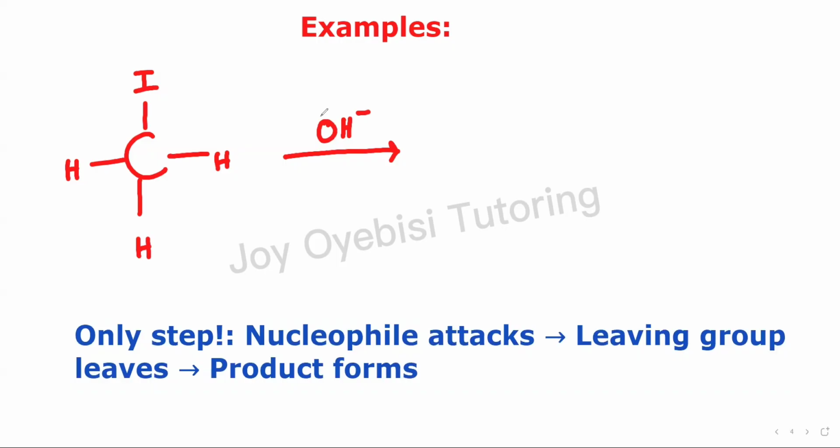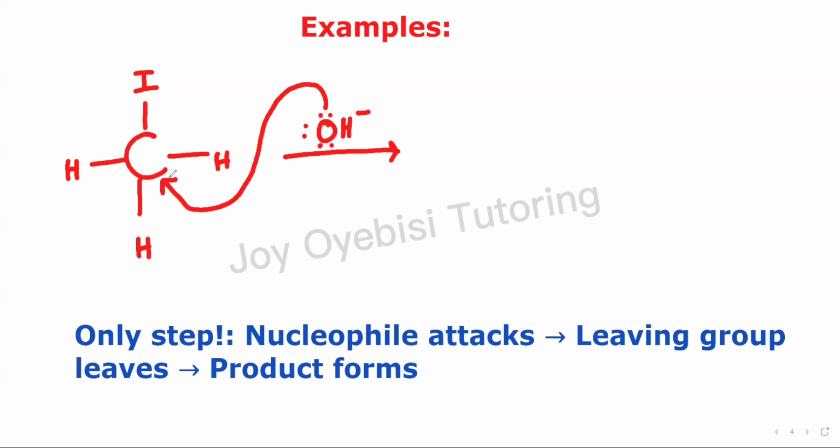I usually like putting my lone pairs when I do mechanism. So this nucleophile is an electron-rich species, and it will attack the electrophile. The electrophile is this carbon. That's the electrophilic site. So it's going to attack this electrophilic carbon that's bonded to the leaving group. It's going to attack it from behind.